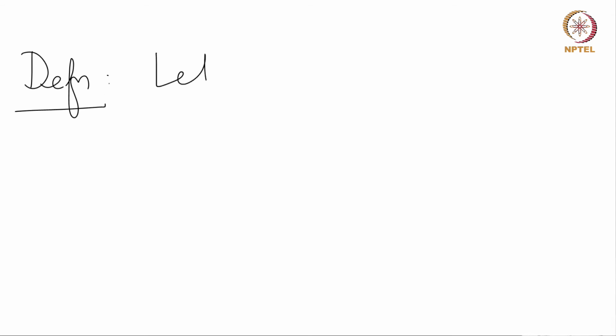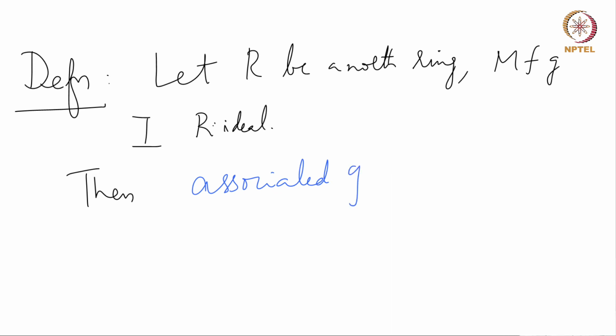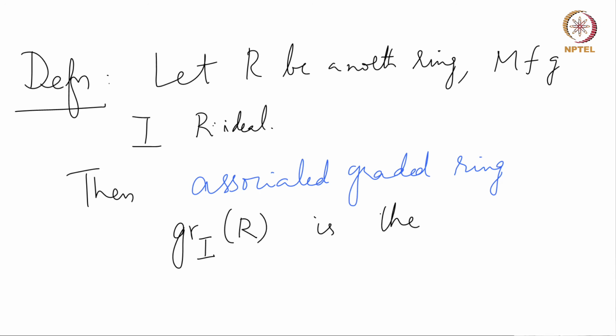Let R be a Noetherian ring, M finitely generated, and I an ideal of R. Then the associated graded ring, which we will denote by this, is a graded ring: the direct sum of I^n mod I^(n+1), n non-negative.